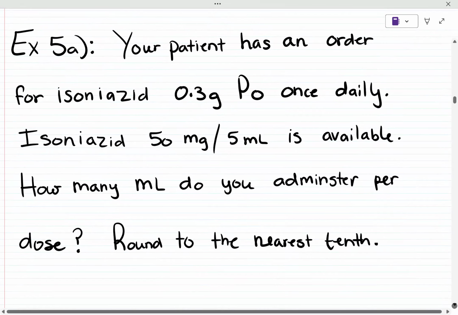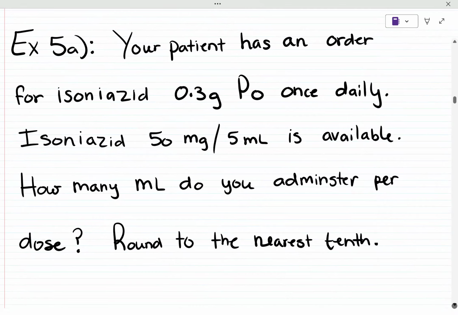Example 5A. Your patient has an order for isoniazid of 0.3 grams PO once daily. Availability for isoniazid is 50 milligrams per 5 milliliters. How many milliliters do you administer per dose?